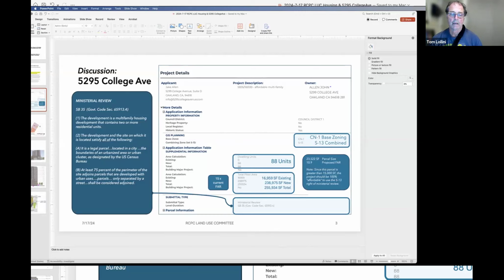This is where they're claiming the right of ministerial review because it contains 2 or more residential units. It's on a site that is both a legal parcel located in the city in an urbanized area, and it's got 75% of its perimeter adjoining sites that are commercial in nature. So that's the get out of jail free card they're calling for their ministerial review.